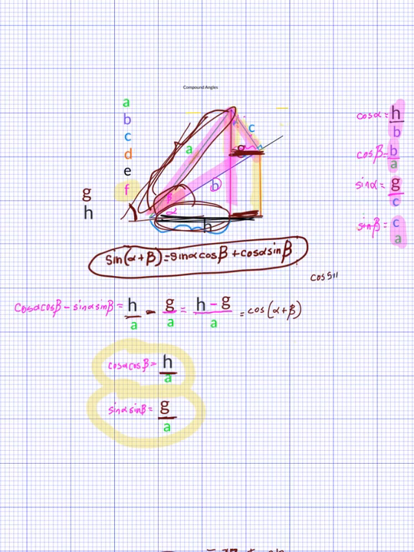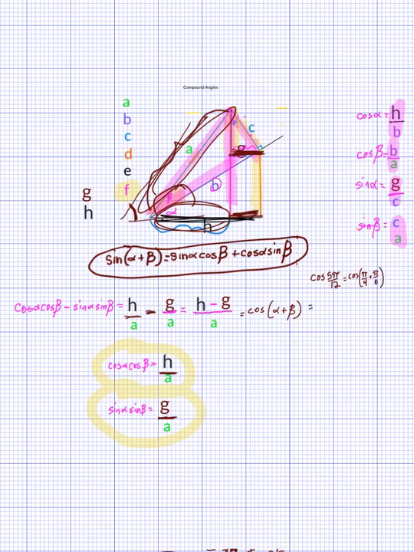Now if we have, say, the cosine of 5 pi by 12, we can say that's equal to the cosine of pi by 4, which is 3 pi by 12, plus pi by 6, which is 2 pi by 12.